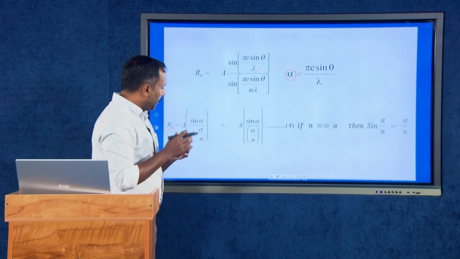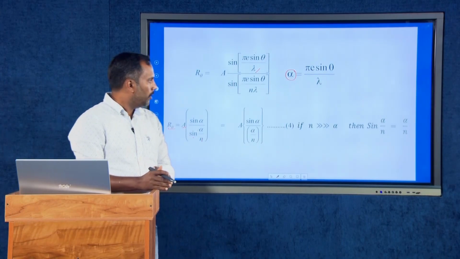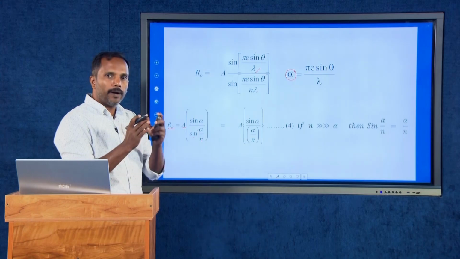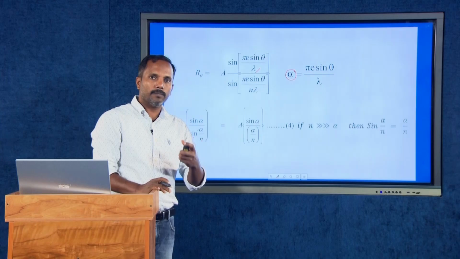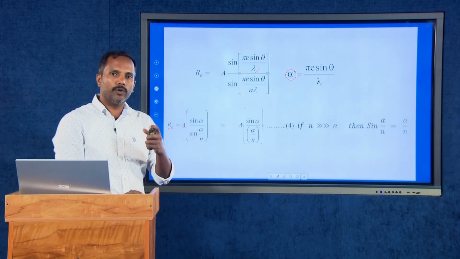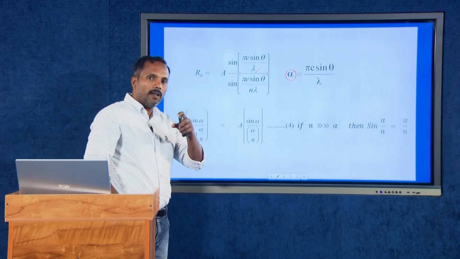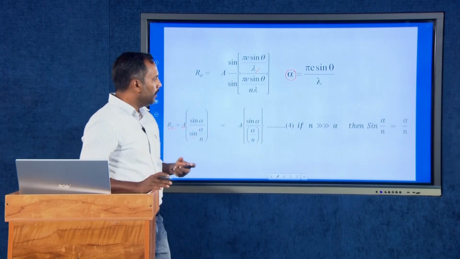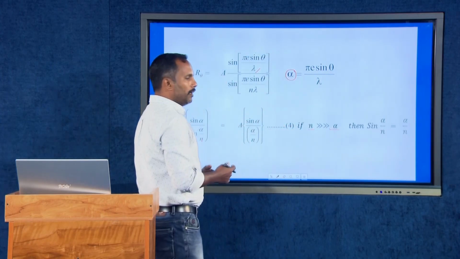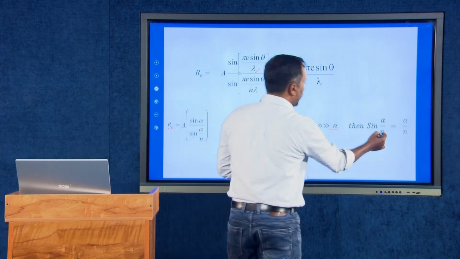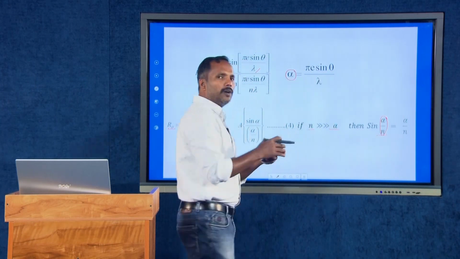Here small n is the number of parts we have considered in the wavefront which is incident on the single slit, and we are considering a large number of parts here. Therefore obviously this n is very large, and alpha divided by n shall be a very small term.